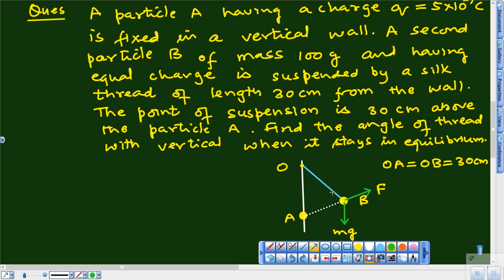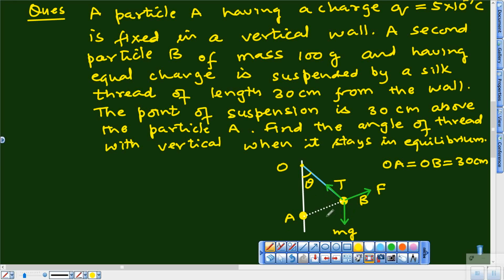You can show it like this, T. Now, finally we require to find the angle the string is making with the vertical. Let's call this theta.